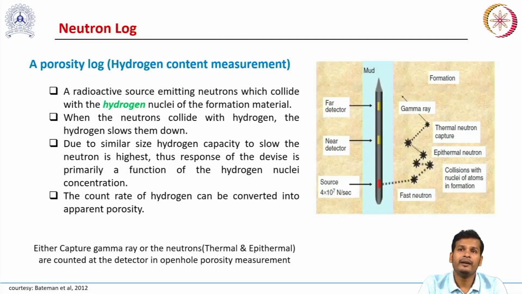So let us discuss how the tool works. Now we have understood what types of interaction are possible. As I mentioned at the start, it is a porosity log, that is, a hydrogen content measurement or hydrogen index measurement. So the tool is going to record the hydrogen content, not the porosity. So always keep in mind what my tool is recording and what I want as an output.